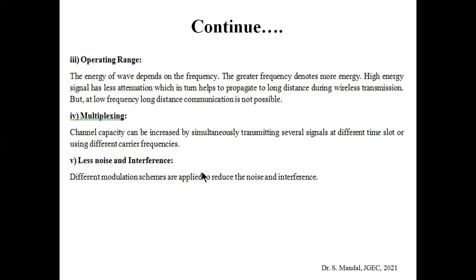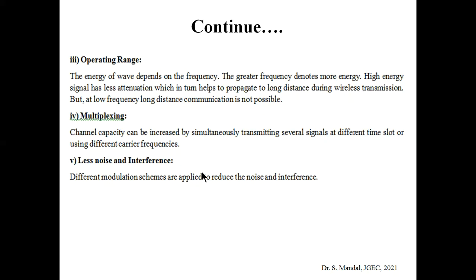But if you use a low frequency signal, long distance communication is not possible. So using a high frequency signal, the operating range for wireless communication is increased. That is another crucial point.